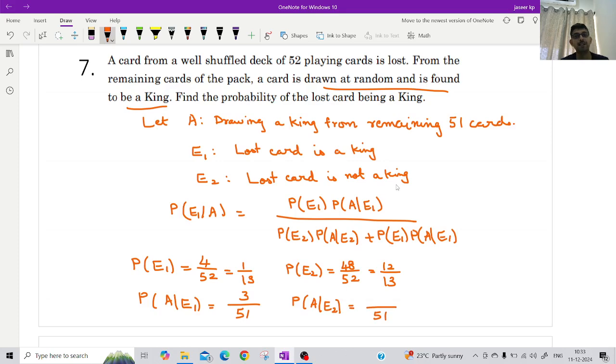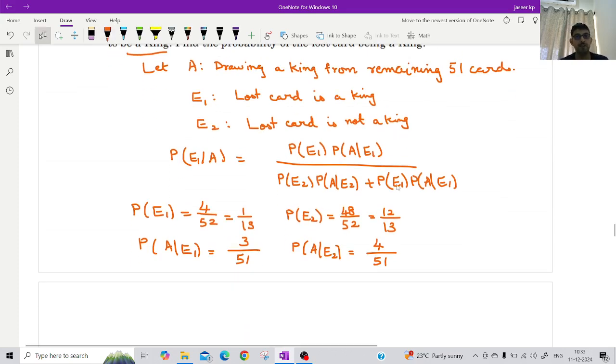But the lost card is not a king, so all 4 kings are there. So that will be 3 by 51 and 4 by 51 respectively, A given E1 and A given E2. So once you substitute and simplify this, the answer will be E1 given A is 1 by 17. So that will be the answer to this particular problem.